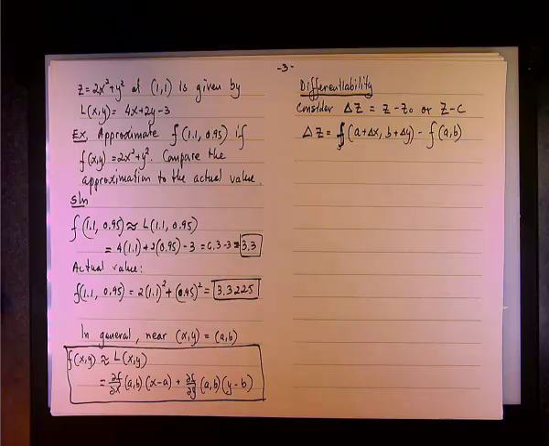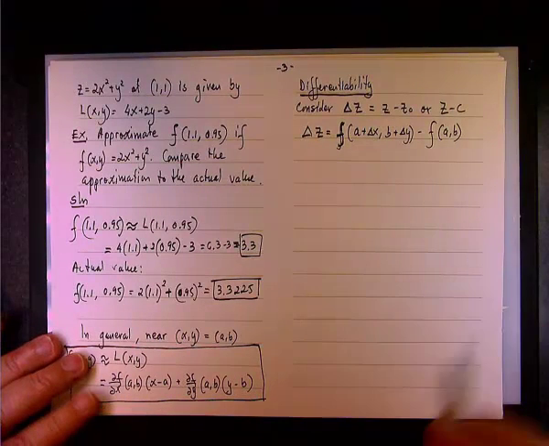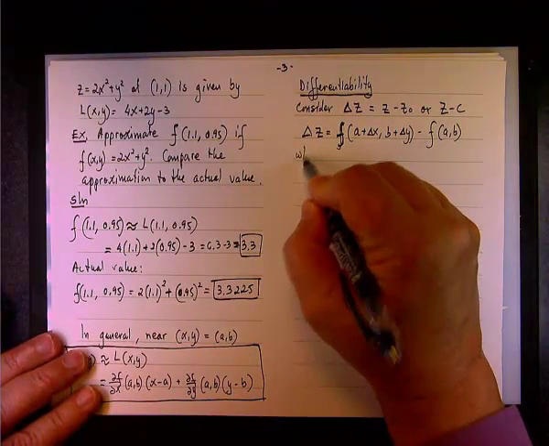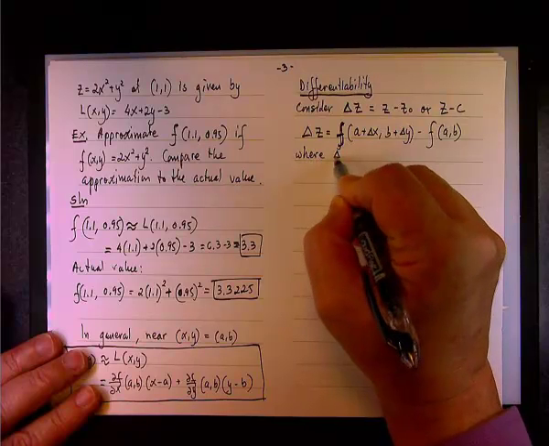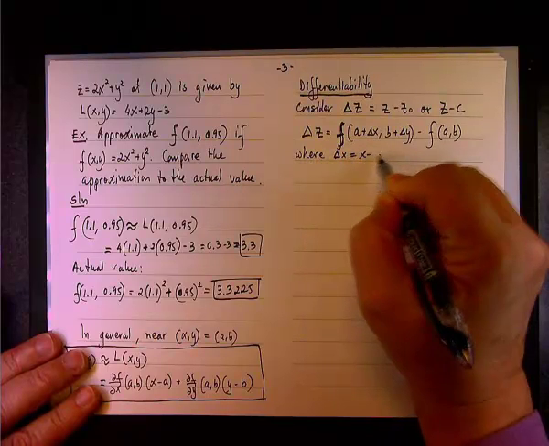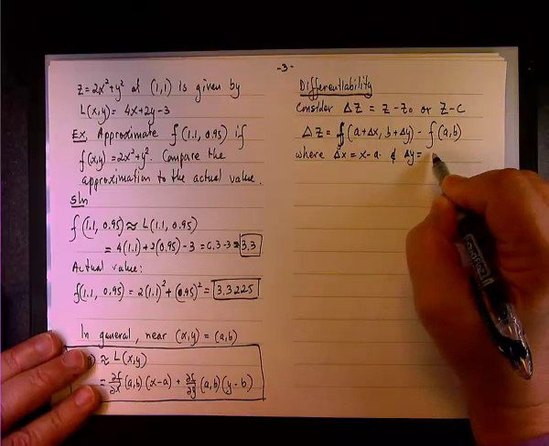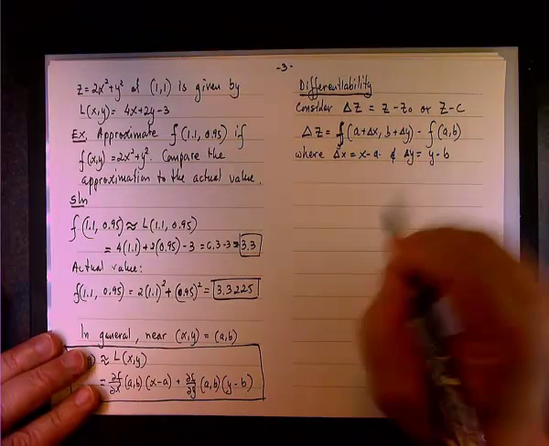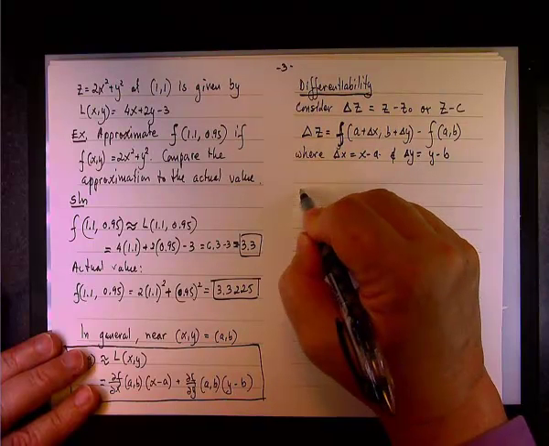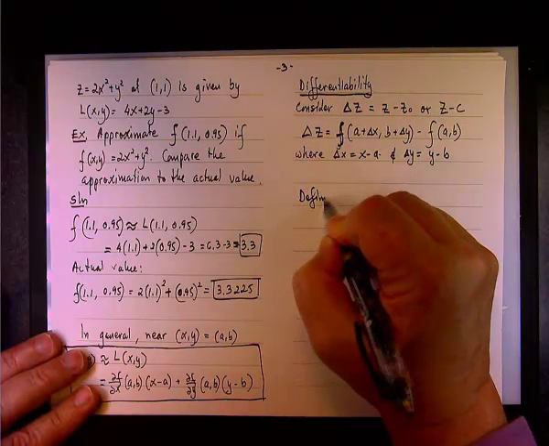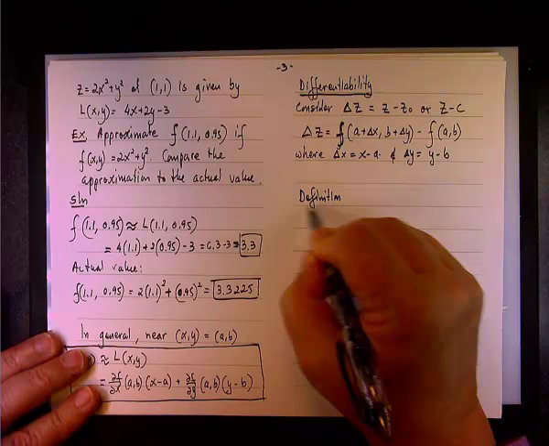We learned about the linear approximation, then differentiability, and then differentials and how to use those. Same structure here. So let's write that delta x in this case is x minus a, and delta y is y minus b.